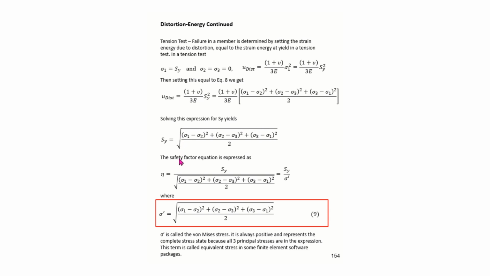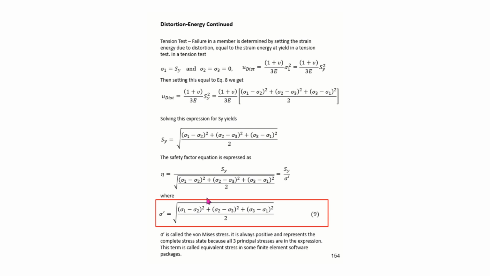And the safety factor equation is then given by hauling this to the other side and setting it equal to our safety factor. And so we have safety factor is equal to Sy over this denominator. And we often write this as Sy over sigma prime, where sigma prime is given by the square root of the differences of the principal stresses squared divided by 2.